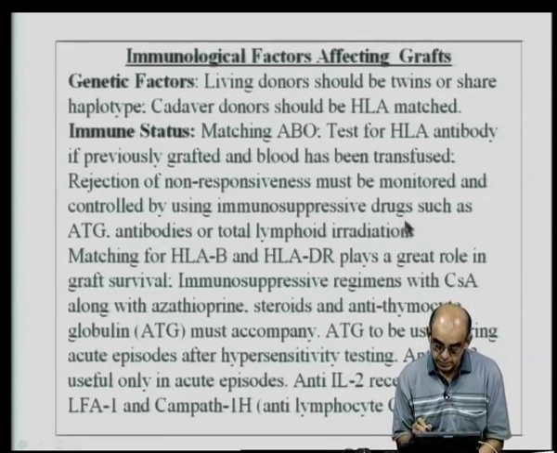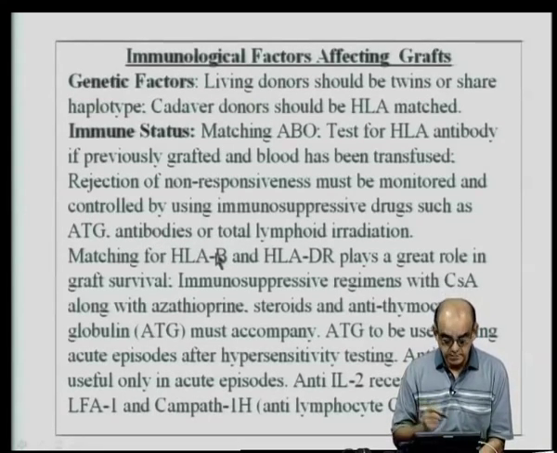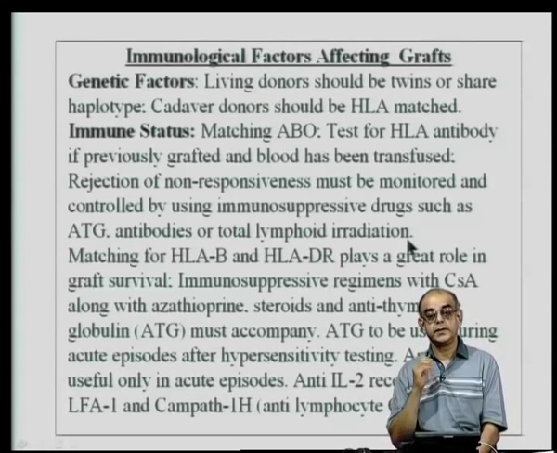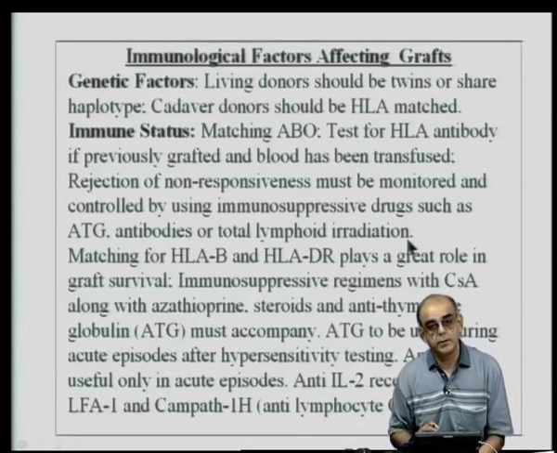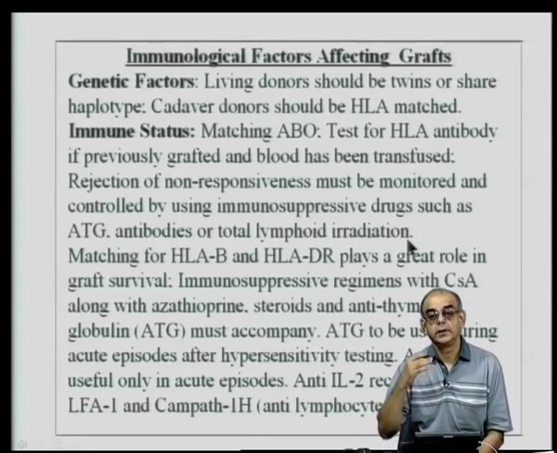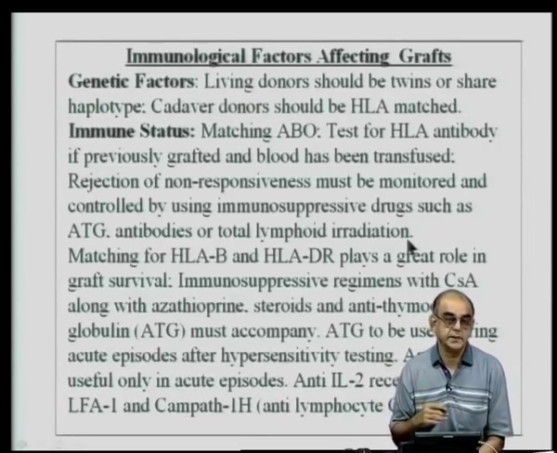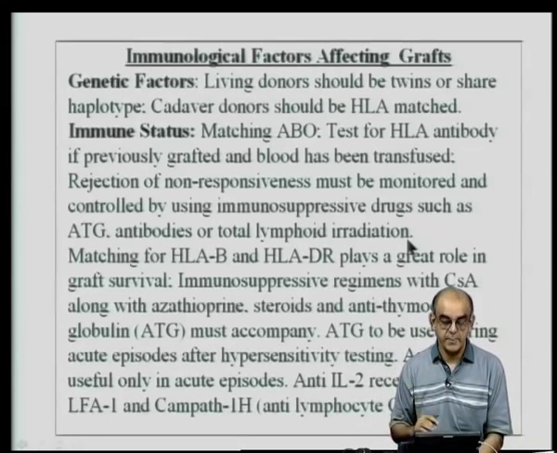What are these immunosuppressive drugs? These are ATG, will come to that, azathioprine, will come to that in a little while, antibodies against T cells, or total lymphoid irradiation. That means you irradiate the individual in order to inactivate the T cells from proliferating. So, to some extent you cut down the immune response because you have stopped the proliferation of T cells, but of course, the cytokines can cause some damage.